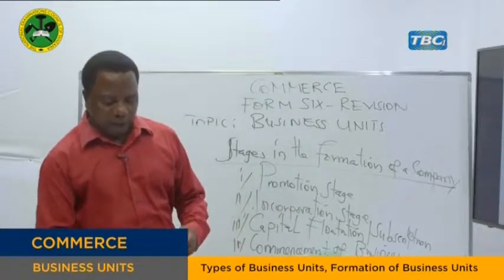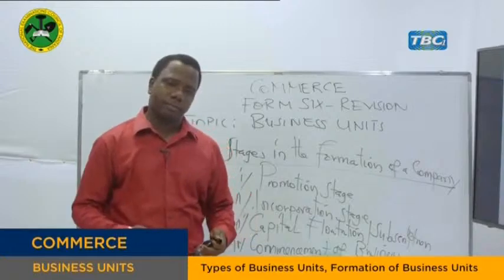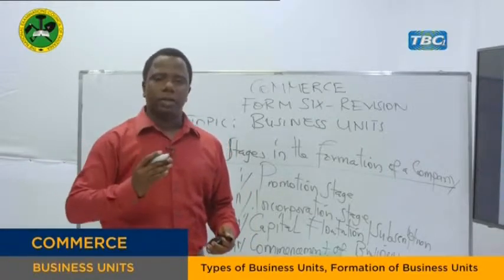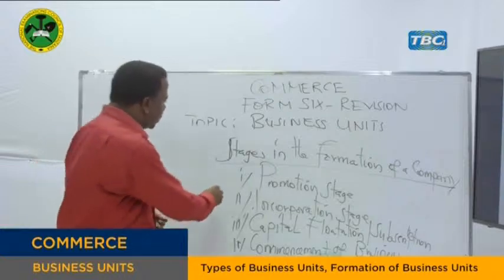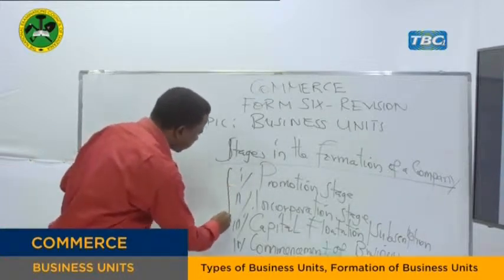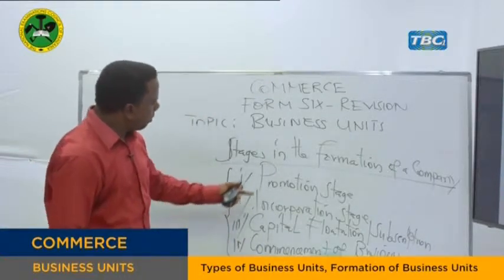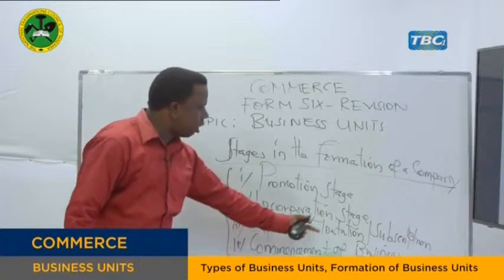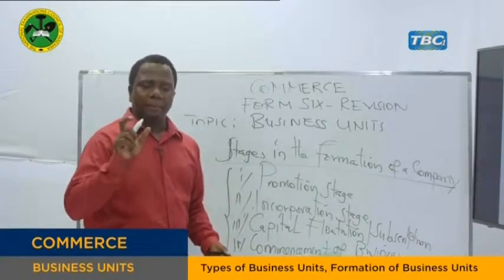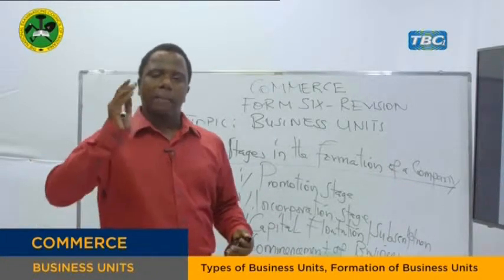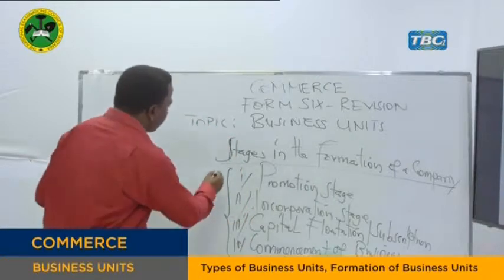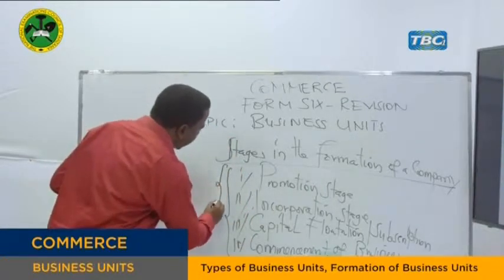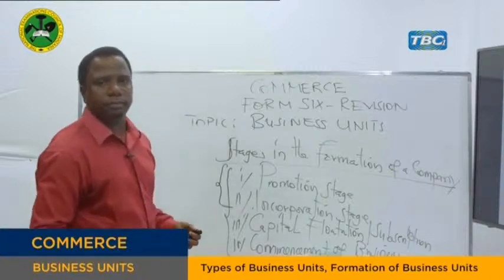Now, my dear students, something to remind you is that public companies pass through all these four stages, from promotion stage to commencement of business, while private companies pass through two main stages, which are promotion stage and incorporation stage.